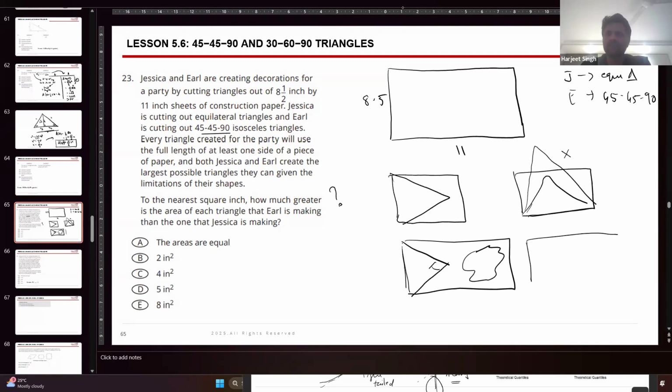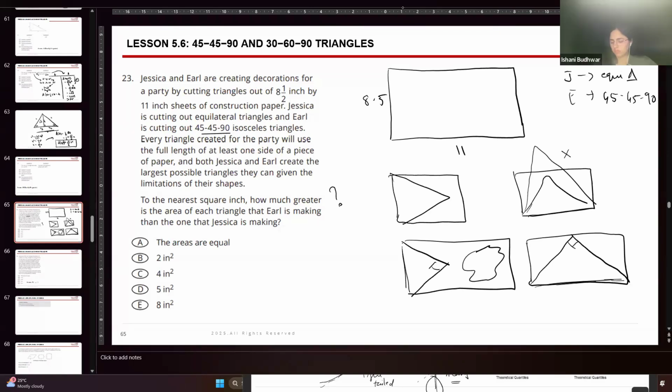But the other way of doing that is by taking the larger side as your hypotenuse and creating a 45, 45 angle. So less space is unused. So we will go for this option.